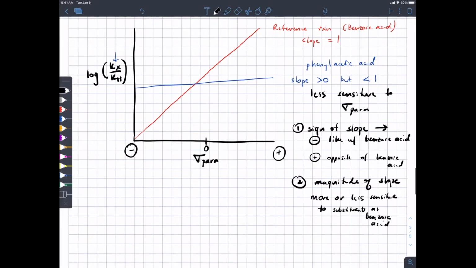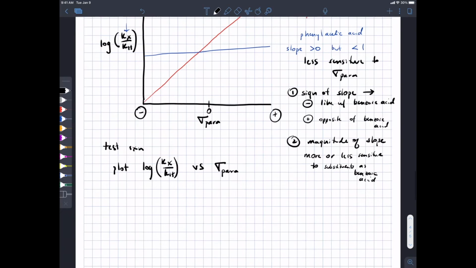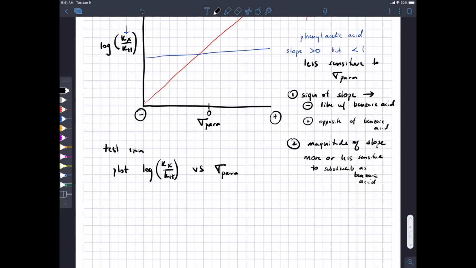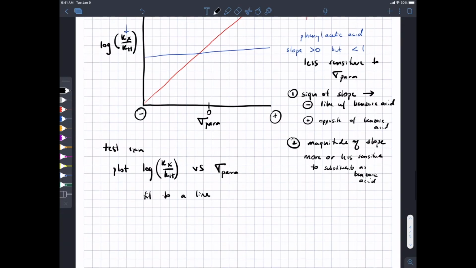So what people do then is, for their test reaction, they will plot log of Kx over Kh versus the sigma parameter, and then they're going to fit those data to a line, and the line will have some slope and some intercept.